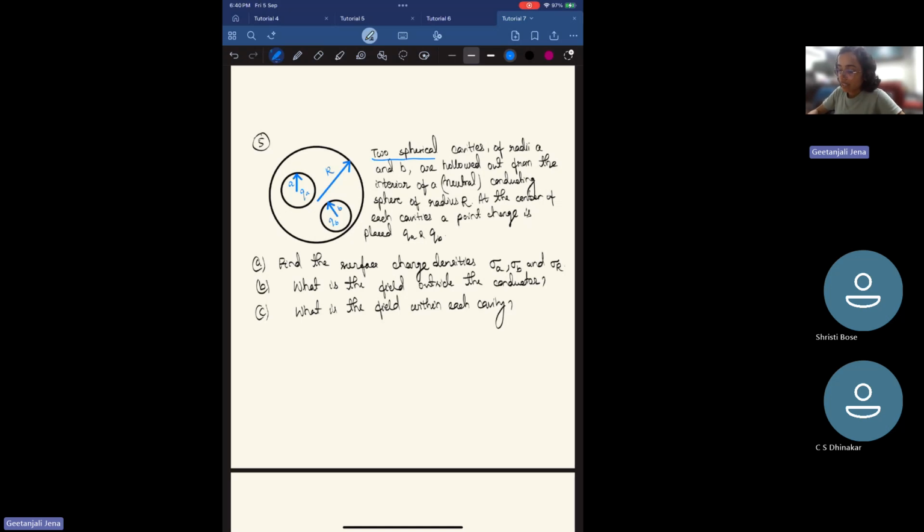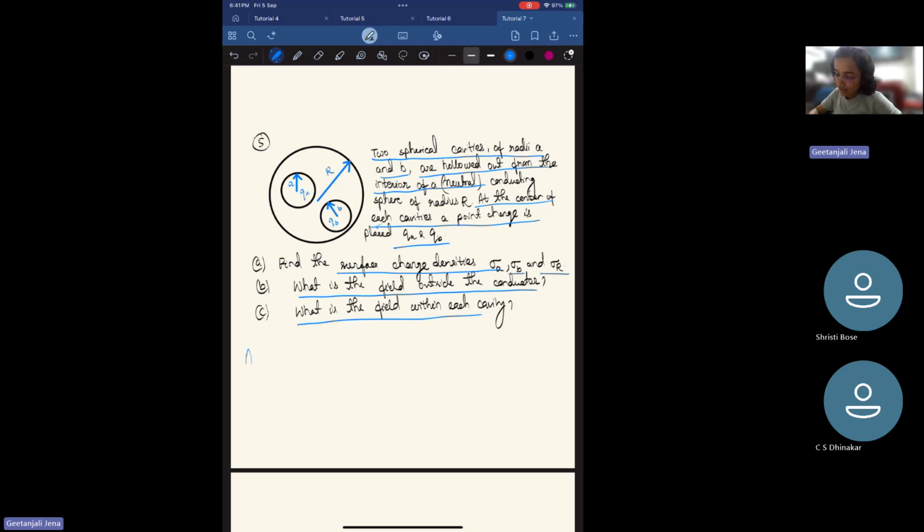There are two spherical cavities of radius A and B, hollowed out from the interior of a neutral conducting sphere of radius R. At the center of each cavity, we have point charges QA and QB. You need to find the surface charge densities sigma A, sigma B, and sigma R, and the field outside the conductor and the field within the cavity.